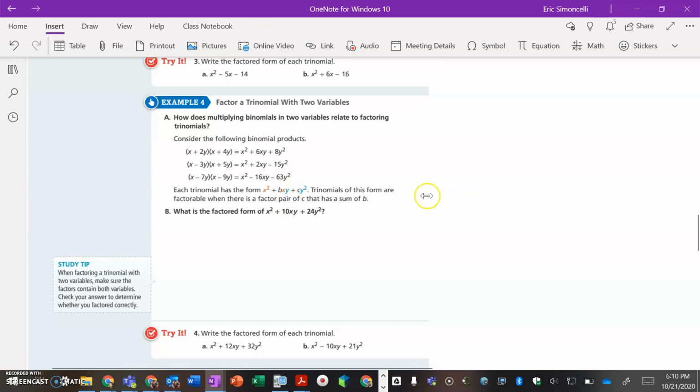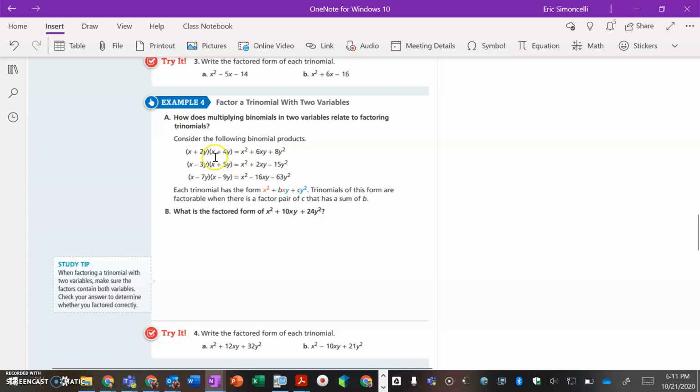Each trinomial has the form x squared plus b times xy plus c times y squared. Trinomials of this form are factorable when there is a factor pair of c that has a sum of b. Let me pick the first example again to highlight. 2 times 4 is 8. 2 plus 4 is 6.